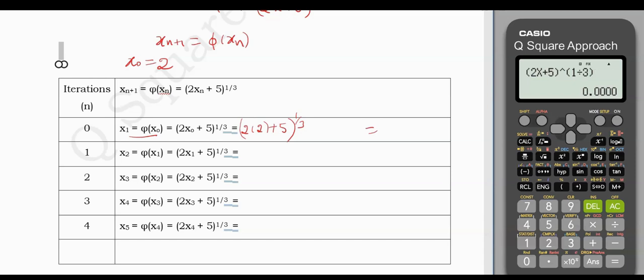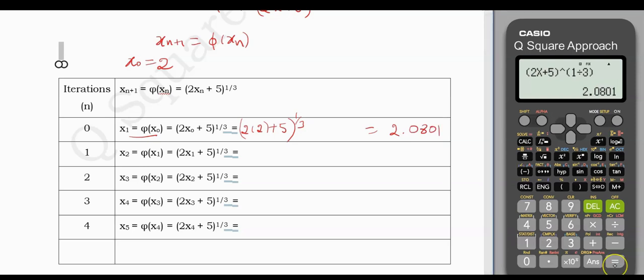From the calculator, press the calculation button and give x is equal to 2. So 2.0801, this is the value of x1.